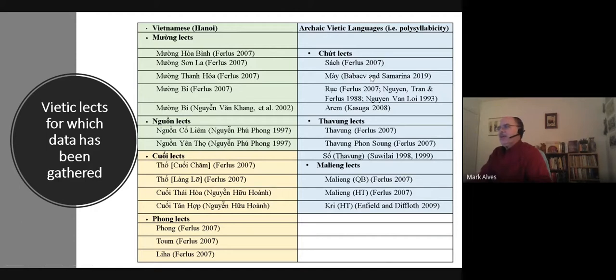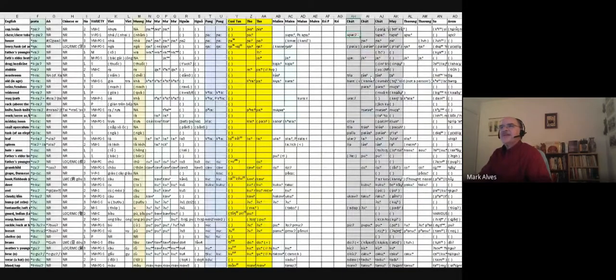And here's my database. Here's a little snapshot. Okay, don't try to read this. This will give you a headache. Okay, but here's the Proto-Vietic, here's Austroasiatic, here are notes for maybe Chinese or Dai or something. Here's the Vietnamese words. And then all of these, here's Muong, Muong, Muong, Nguyen, Nguyen, Bong, Gui, Maliang. Here's the different ones.